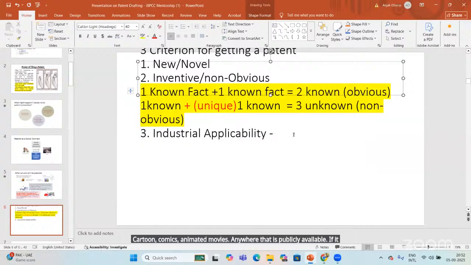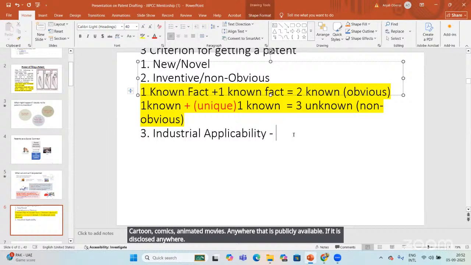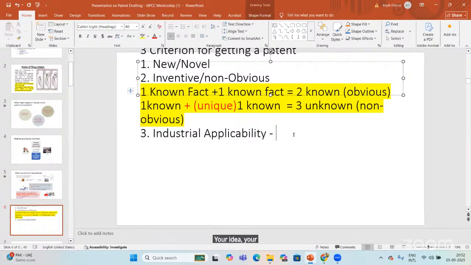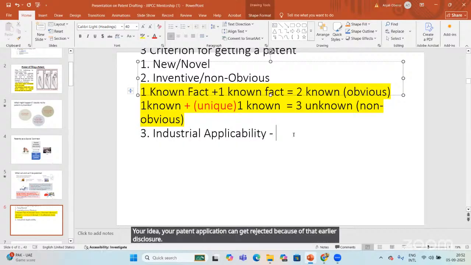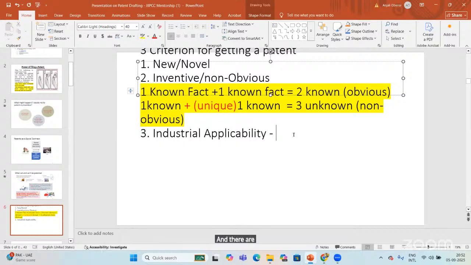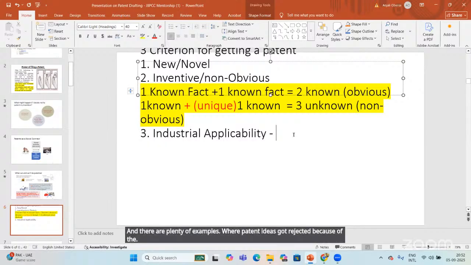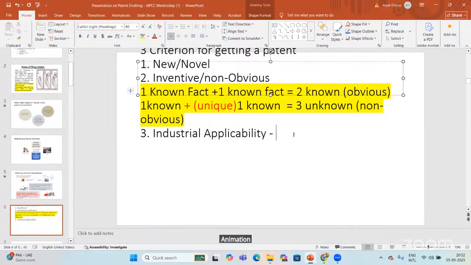If it is disclosed anywhere, your patent application can get rejected because of that earlier disclosure. There are plenty of examples where patent ideas got rejected because of animation shown in movies as well as cartoon characters.